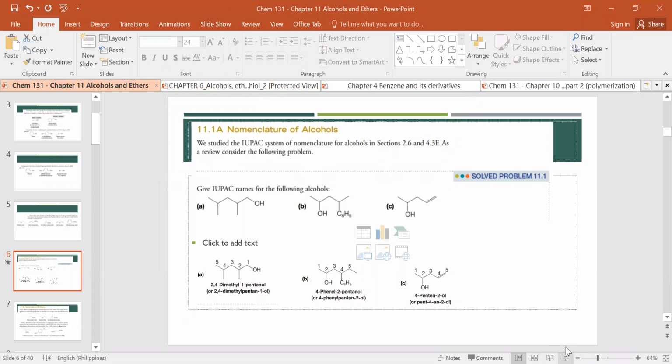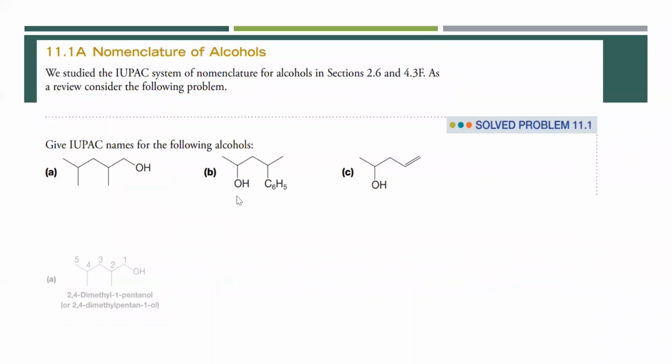What is being shown is just the name. So for the first case, your parent chain is pentanol, or 1-pentanol, and on carbon 2 and carbon 4 are your substituents. You have 2,4-dimethyl-1-pentanol.